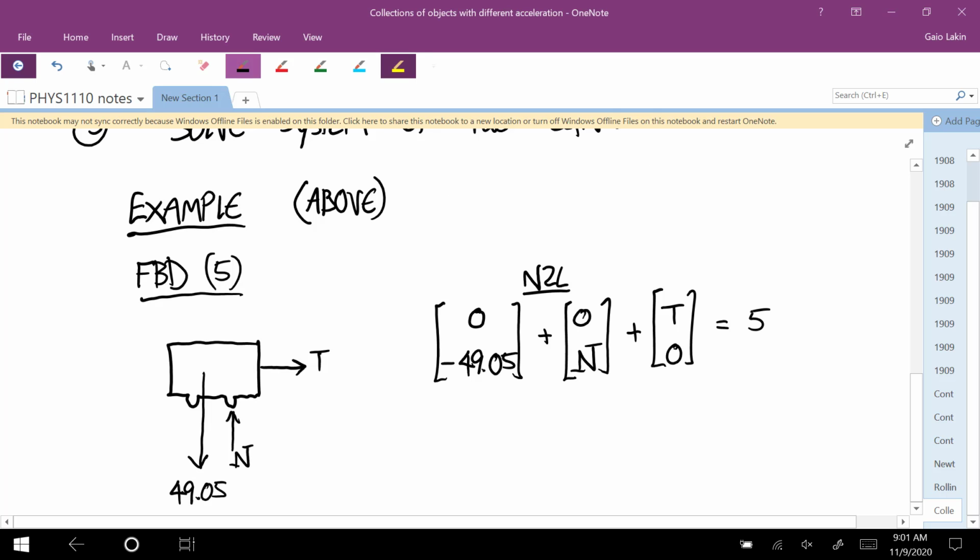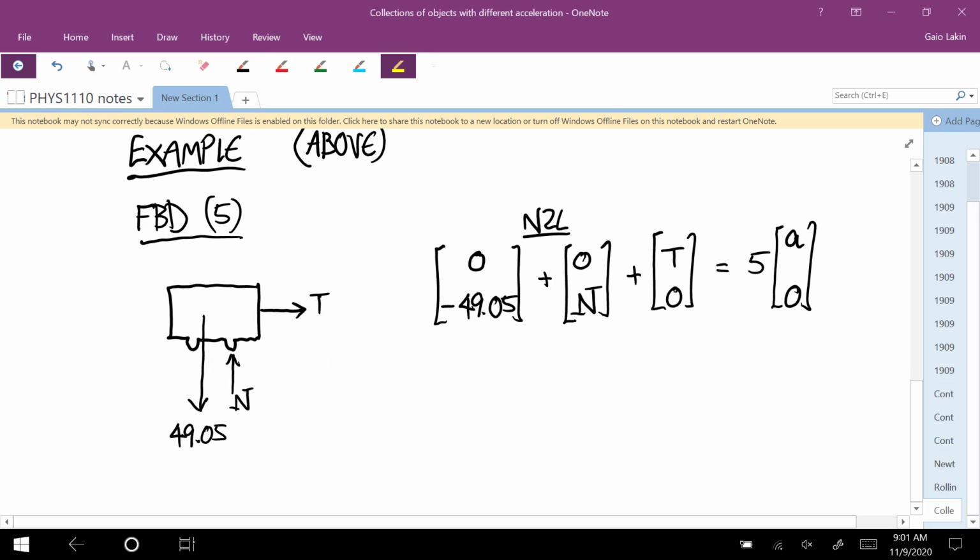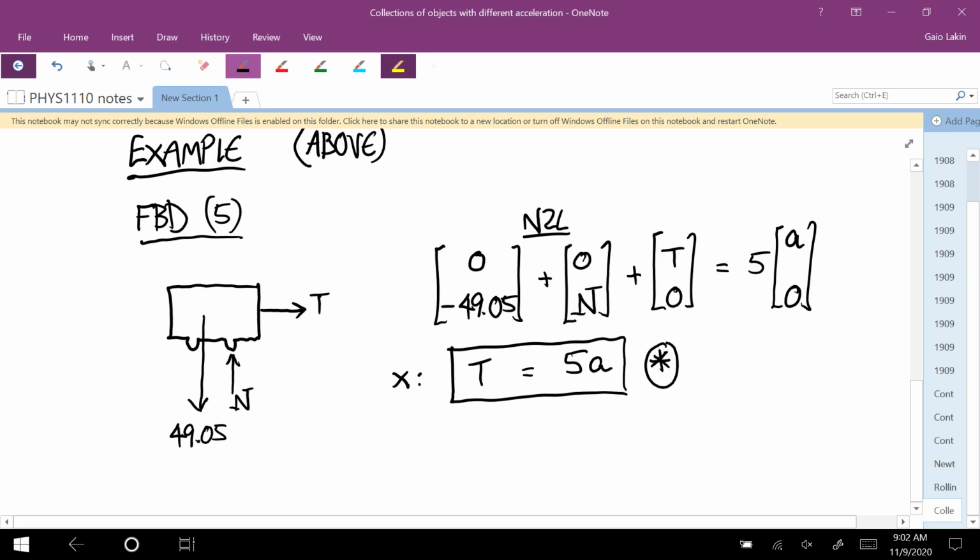Now this cart can only move along the x-axis, so I'm going to call this one A, 0. Well, the x equation says that T is equal to 5A. That has two variables, so we can't solve for it yet, but we are going to set it aside. This is going to be the first of our two equations that we're going to solve as a system of equations. So I'm going to call that equation star. We're going to solve that with an equation 2 star.